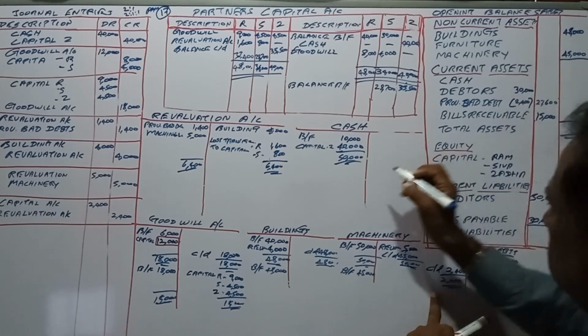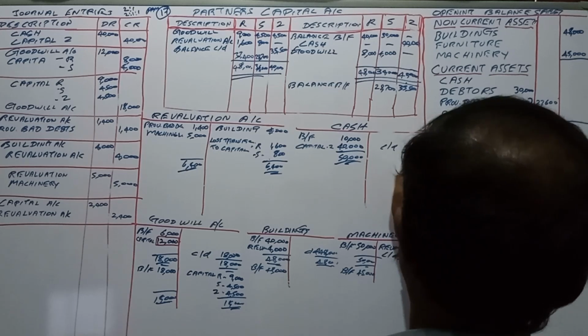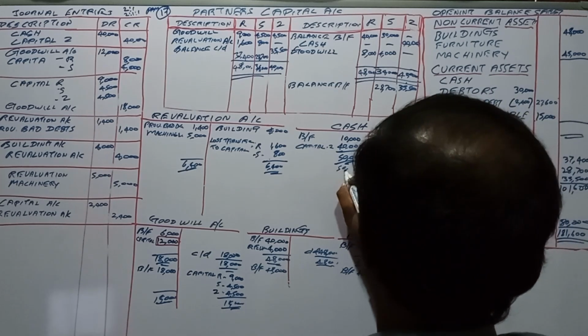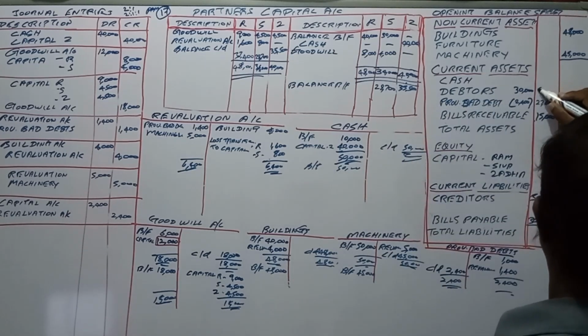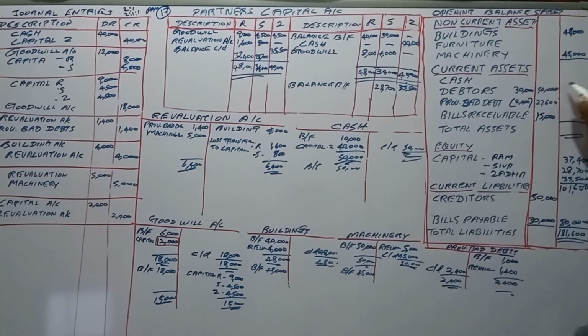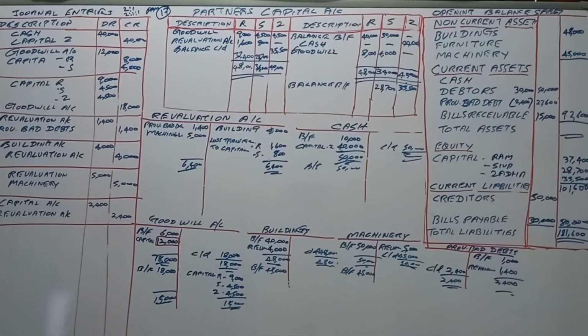This is carried down 50,000. Is there any furniture?